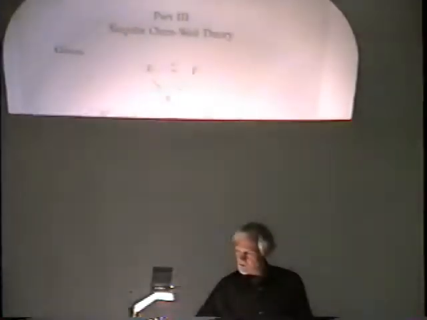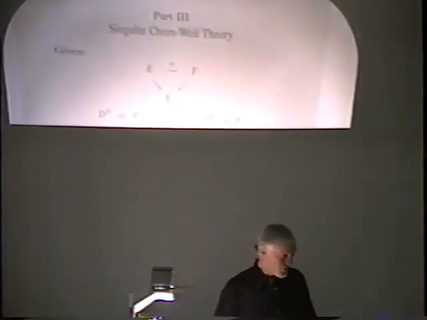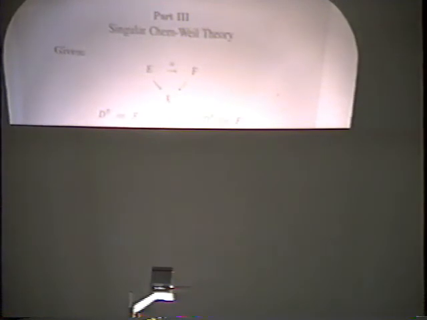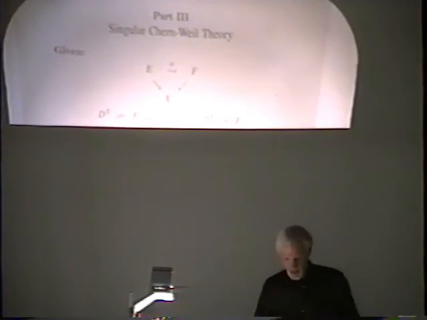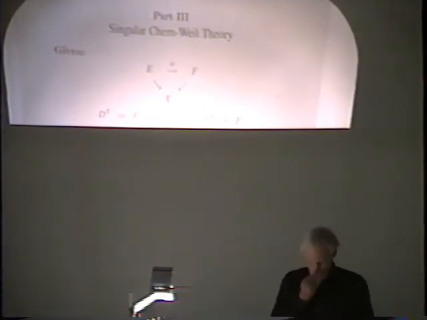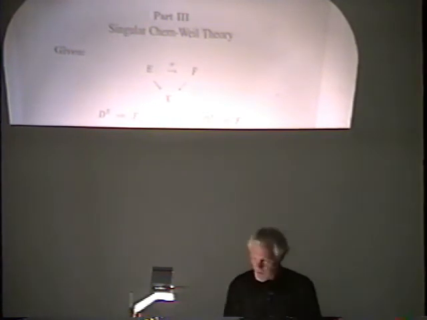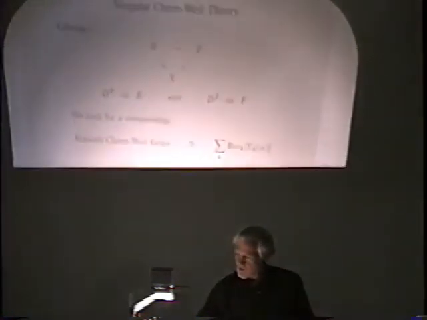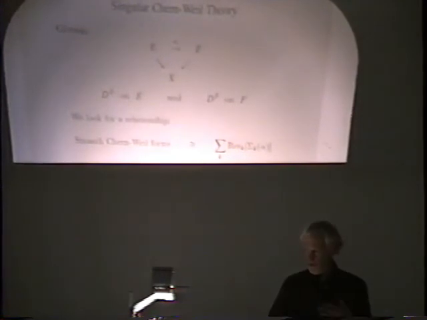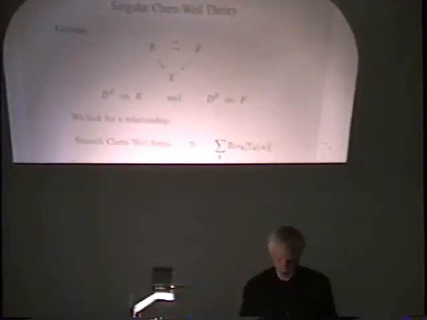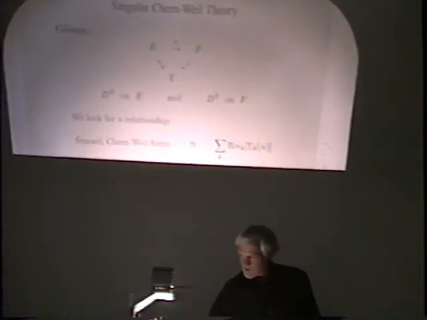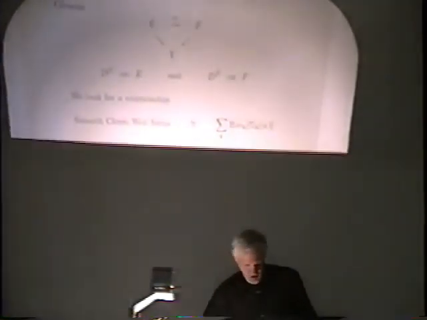We're in this very general situation of a pair of vector bundles E and F over a manifold X. And let's suppose now that we're given a connection on E and a connection on F. Then what we'd like to look for is some relationship between the standard smooth Chern forms of E and F and things that look like the singularity sets of a given map, maybe times some residues. And the really nice idea, this is Harvey-Lawson's construction, is the following.